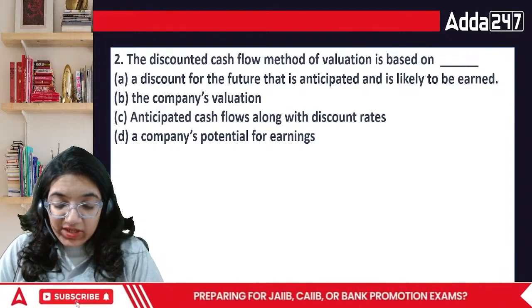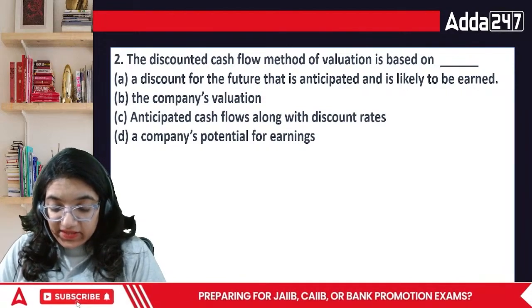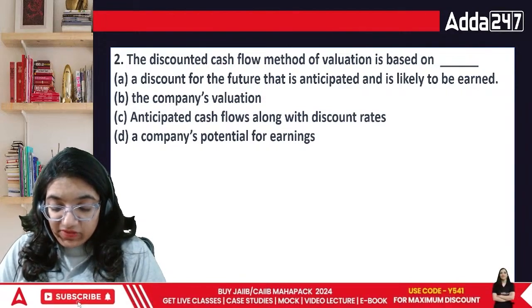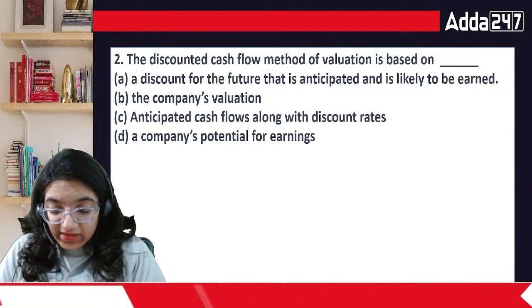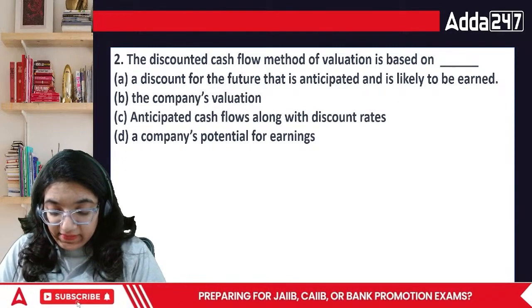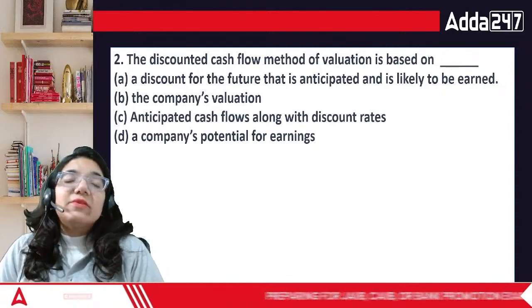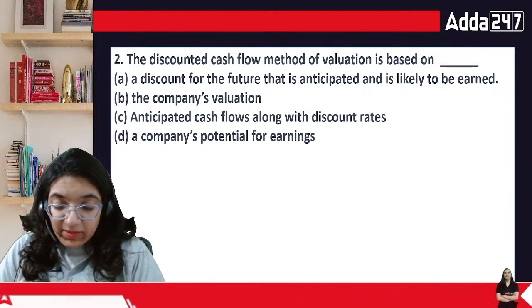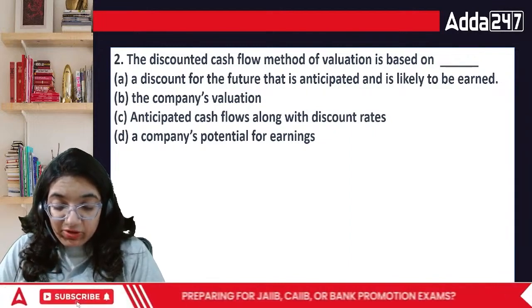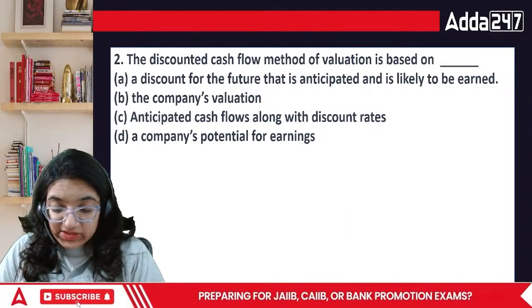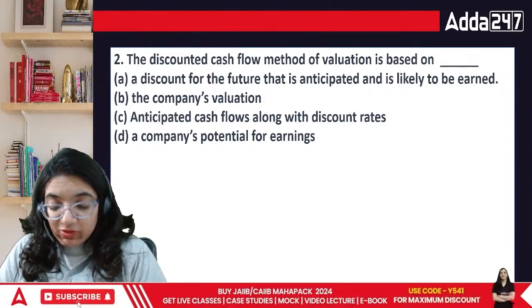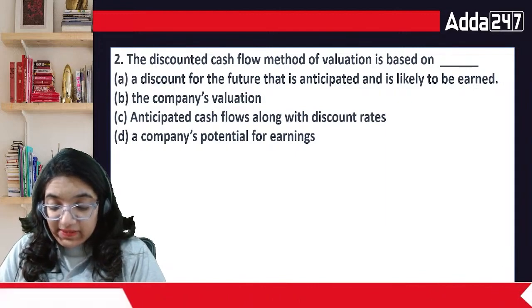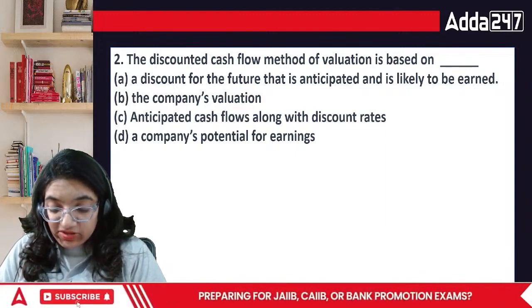That is whether the books of accounts are prepared in such a way where we are looking at the values not from the present point of view, but from the point of view of the future. We are looking at what would be the value in the future and how do we look at it, right? So in this case, what's going to be the answer, everyone?